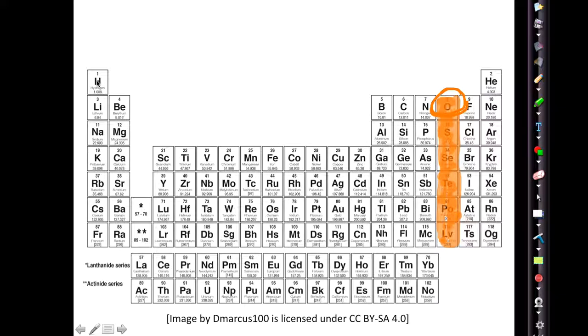If we want to write the electron configuration for oxygen using the shortcut with the periodic table, we can think about hydrogen as 1s1, helium as 1s2, lithium is 2s1, beryllium is 2s2, boron is 2p1, carbon 2p2, nitrogen 2p3, and oxygen 2p4.